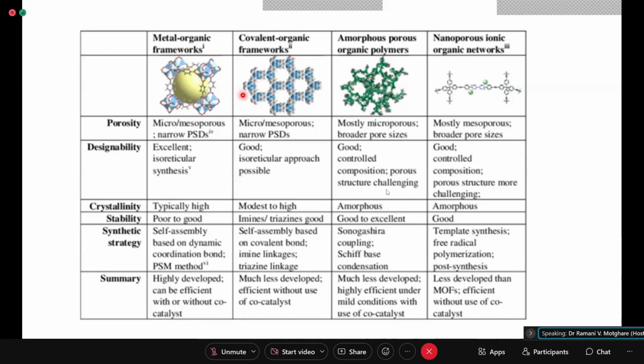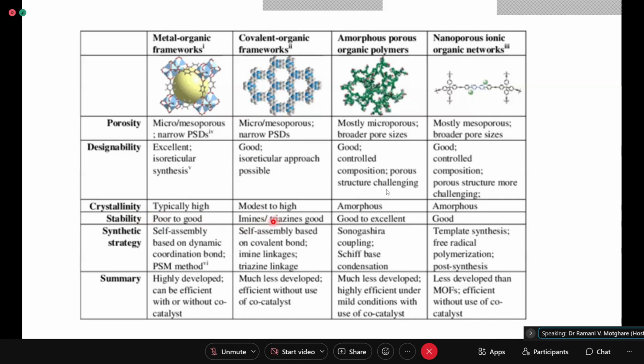Then another type of material that works as a heterogeneous catalyst is covalent organic frameworks. This is metal organic frameworks, and these are covalent. So two or more organic molecules are taken in proper proportion and they are allowed to self-assemble under certain conditions, and you get formation of this.